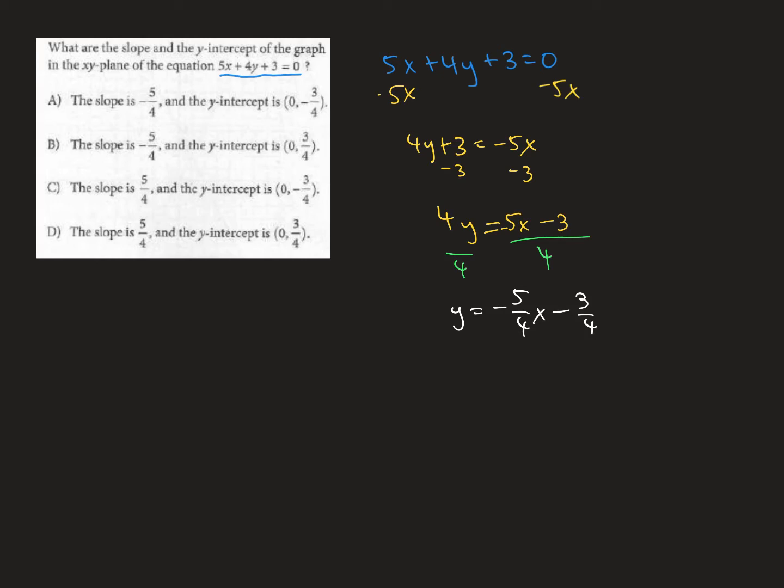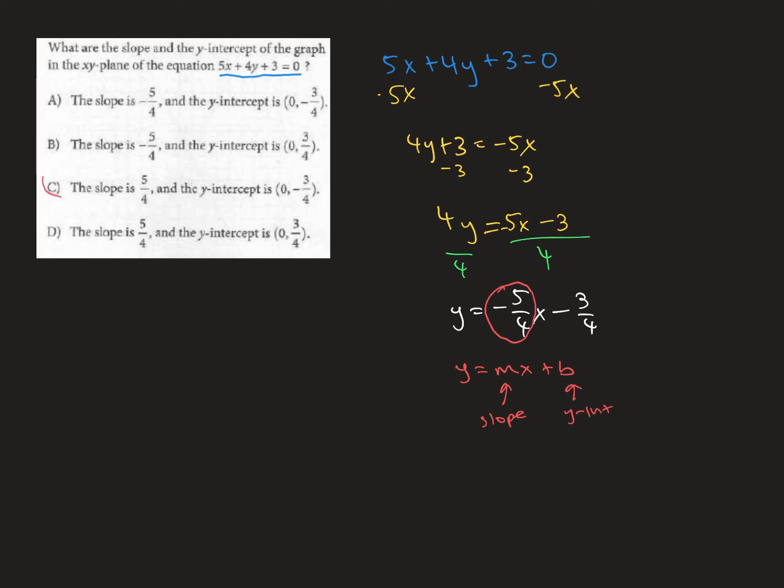First, what is the slope? Remember, the original form is y equals mx plus b, where m is the slope and b is the y-intercept. So our slope here is minus 5 over 4.